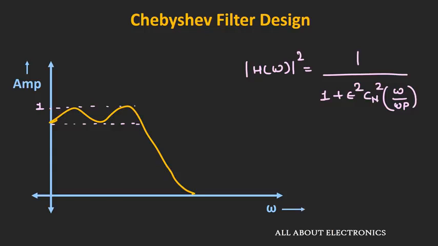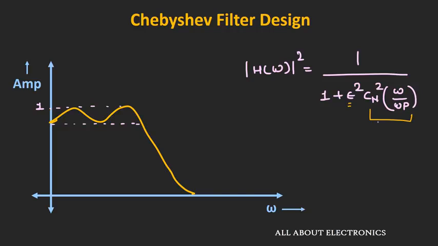Here, as you can see, is the normalized response of this Chebyshev filter. The maximum value represents the value 1. This type of response can mathematically be represented by this equation, where epsilon represents the ripple factor of this filter, that is, the amount of ripple which you see in the response, and this term represents the Chebyshev polynomial of the nth order.